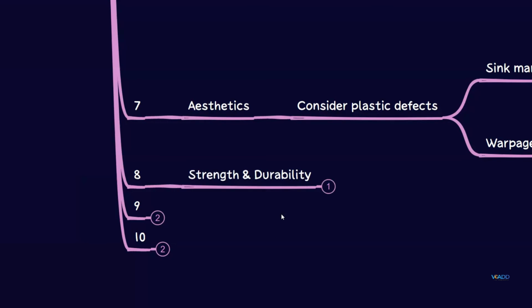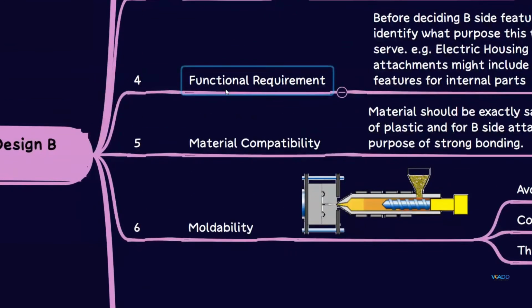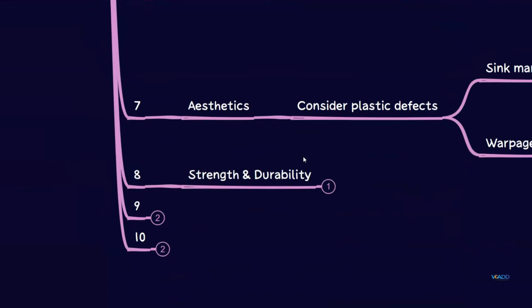Next important factor: strength and durability. Your part may be good aesthetically and in all other factors, but it may not be durable, because it should be usable for a longer period. It's not like you just assemble the part and your job is done. No, you should consider unexpected loading.